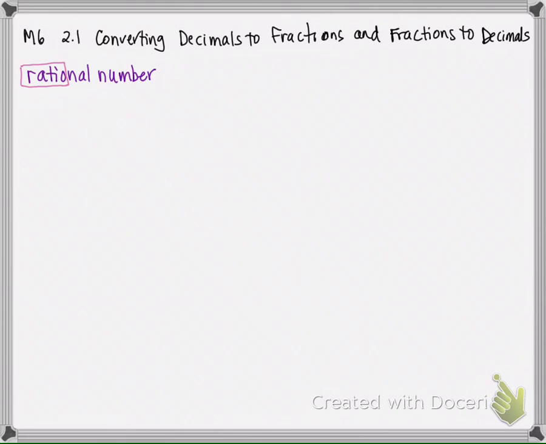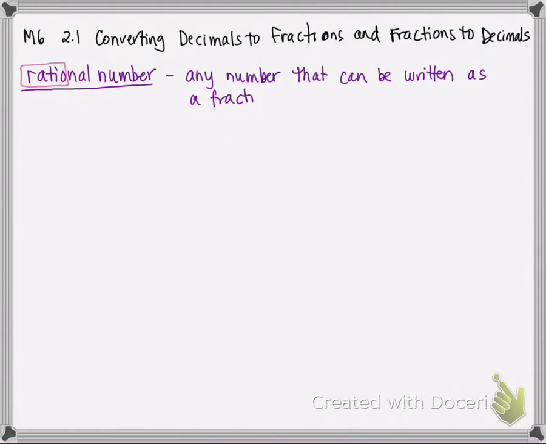So what is a rational number? The definition is any number that can be written as a fraction or as a ratio.